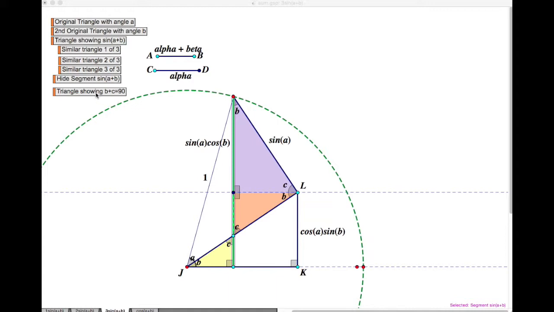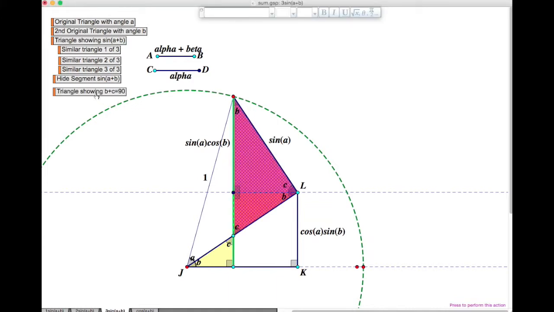Now looking at this one red triangle, we see that it contains a 90-degree angle at this point L. Since the red triangle contains angle C from the orange triangle, and it has this 90-degree angle at L, we can conclude that the remaining angle of the red triangle is angle B.